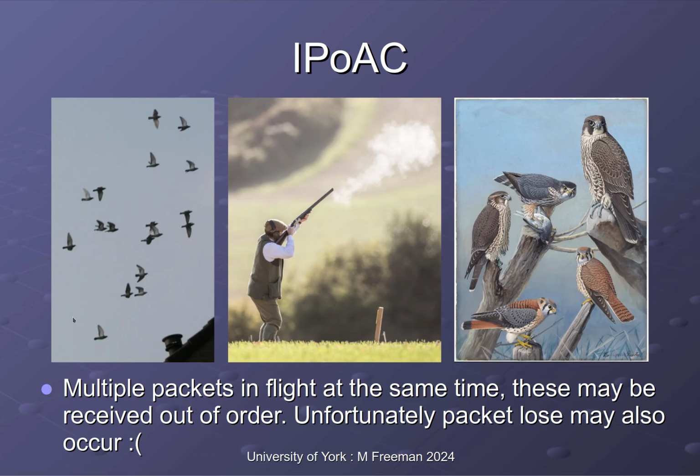And obviously these pigeons will arrive at their destination, maybe out of order. Obviously during their flight, you may suffer packet losses, unfortunately. So there may be human intervention that loses packets, or natural noise in the environment that results in lost packets, unfortunately. So these are the things we need to consider when we're designing our protocol.